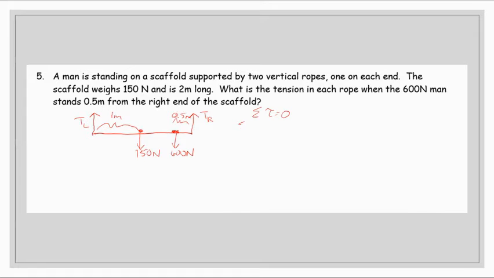First I need to choose what my pivot point is going to be. I'm going to make my tension left the pivot.